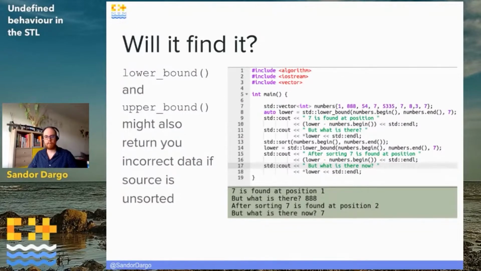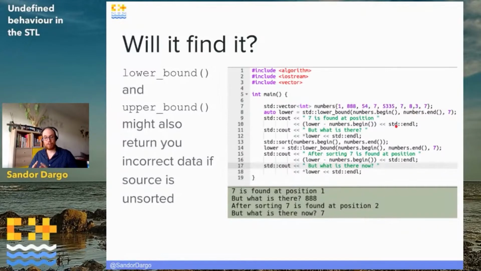Here, maybe it's not so evident, because you could expect that if you have this 188, 54, 7, and so on, 777, here a 7 again, and you look for lower bound 7, it should return this. And the upper bound, maybe it should return that. Well, it's not the case.